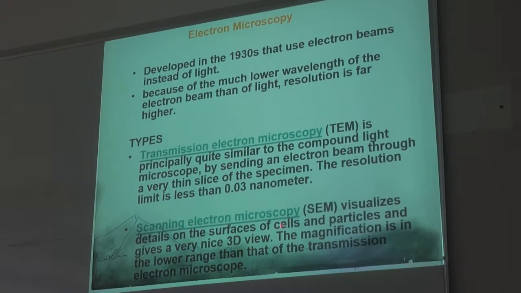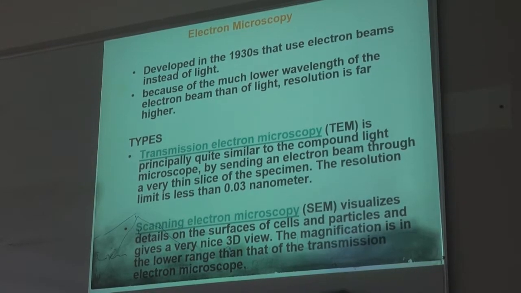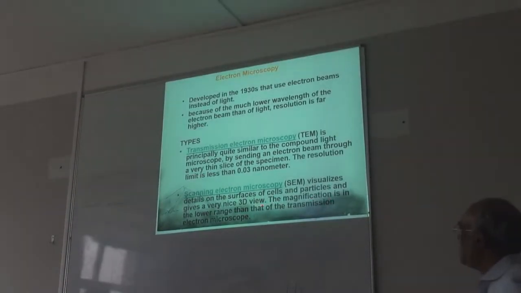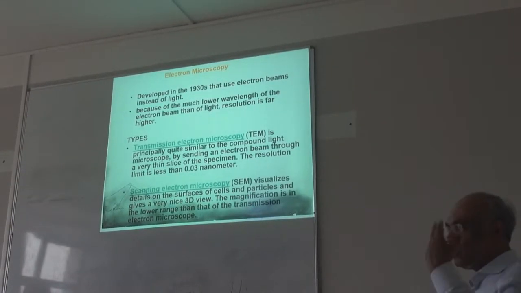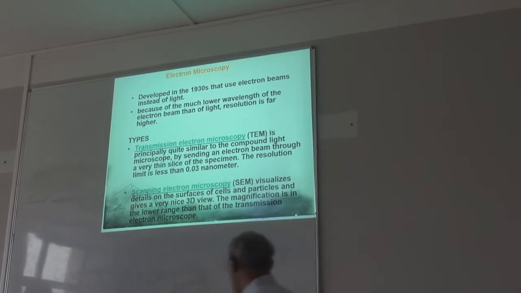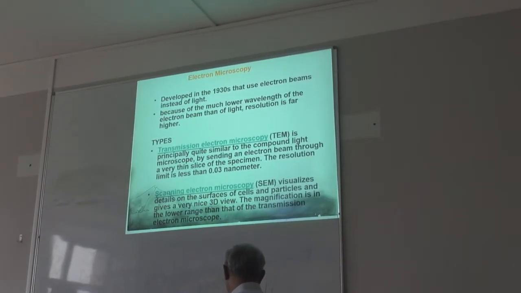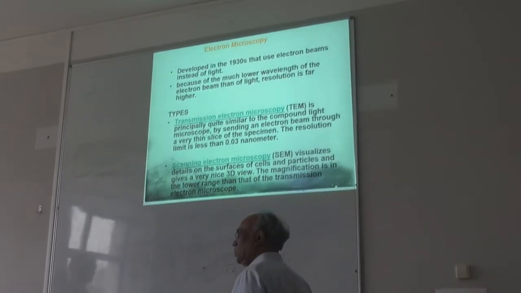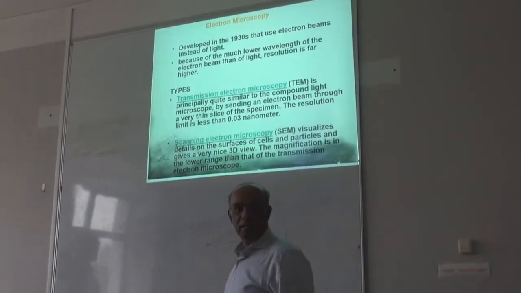But scanning electron microscopes are good to study surface properties, but they can only see features greater than maybe 1 nanometer, if you have a good scanning electron microscope.